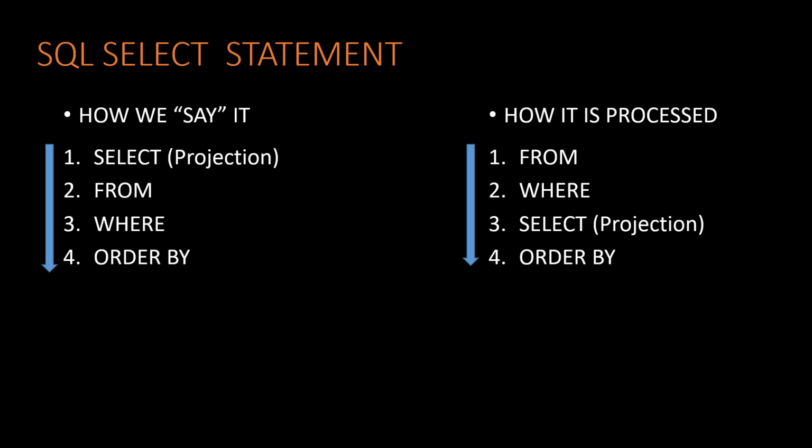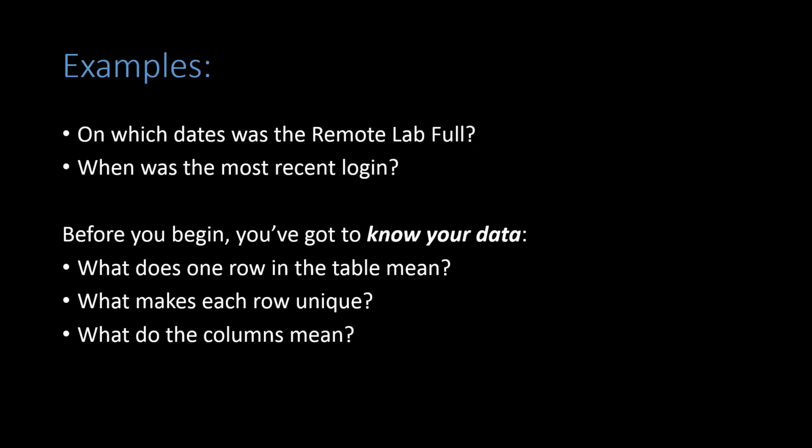The first thing that happens is the from clause, so you're joining tables together. Then where filters your rows. Then you select the columns, then the data gets sorted. When you understand the order in which it actually gets processed, you'll become a much better query writer. So let's try some examples and figure it out through some data profiling.